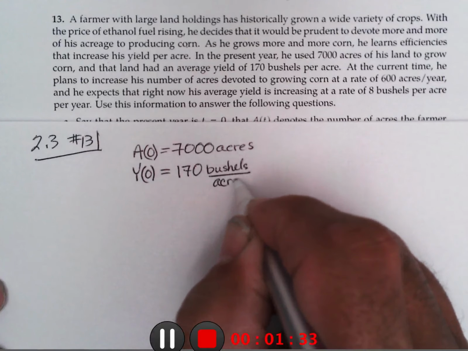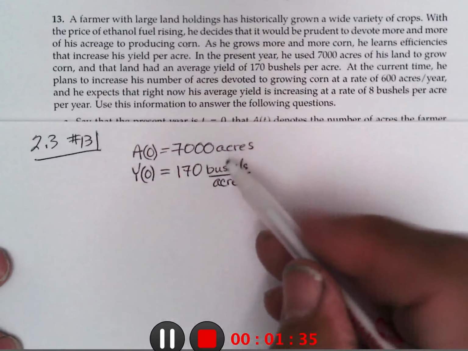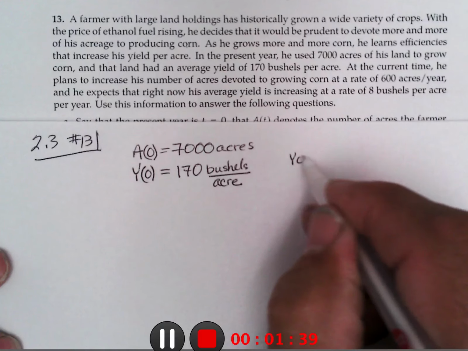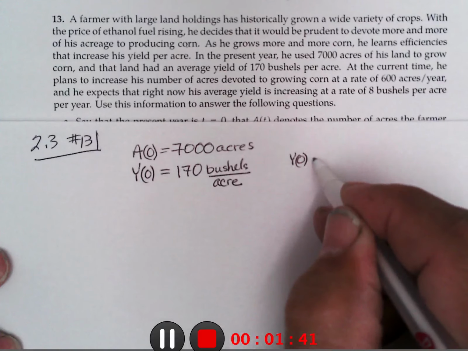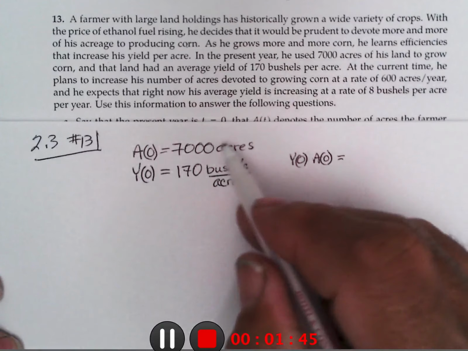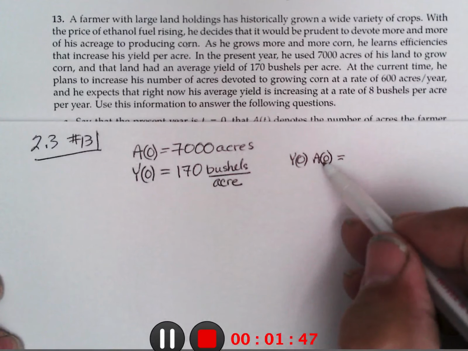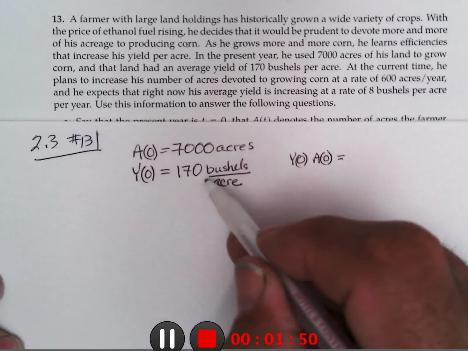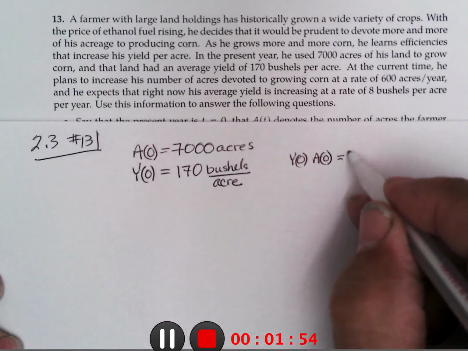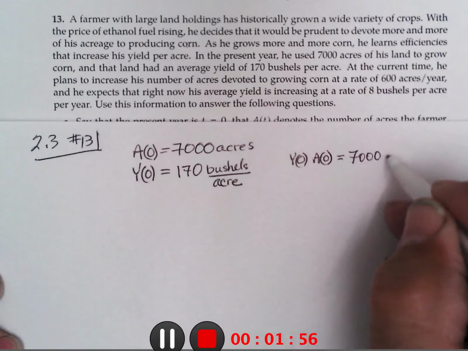And I think if you just look at this, if you multiply these two, Y0 times A0, or either order, we'll get how many bushels we'll get from these 7,000 acres and this many bushels per acre. We would get 7,000 times 170.